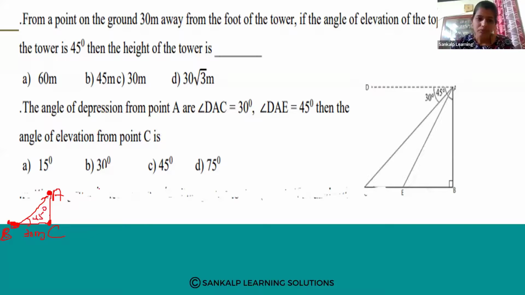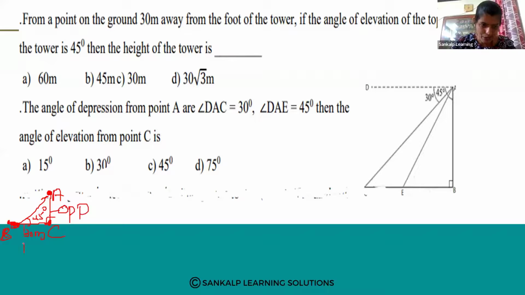Now here also we are going to consider tan theta, cos theta, sin theta. Which one do we consider? BC. At point C, it makes an angle of 90 degree. Yes or no? And at point B, 45 degrees is there. So this line is the adjacent side. And the line opposite to theta, that is AC, is the opposite side.